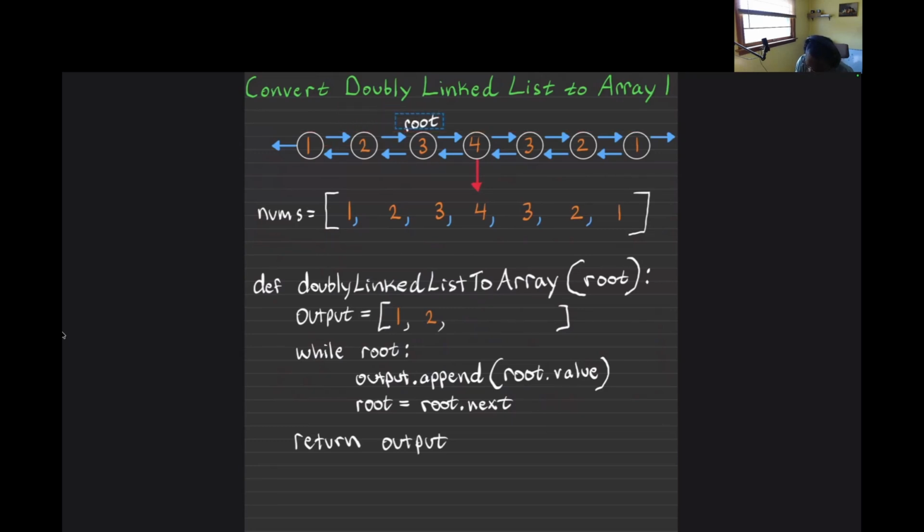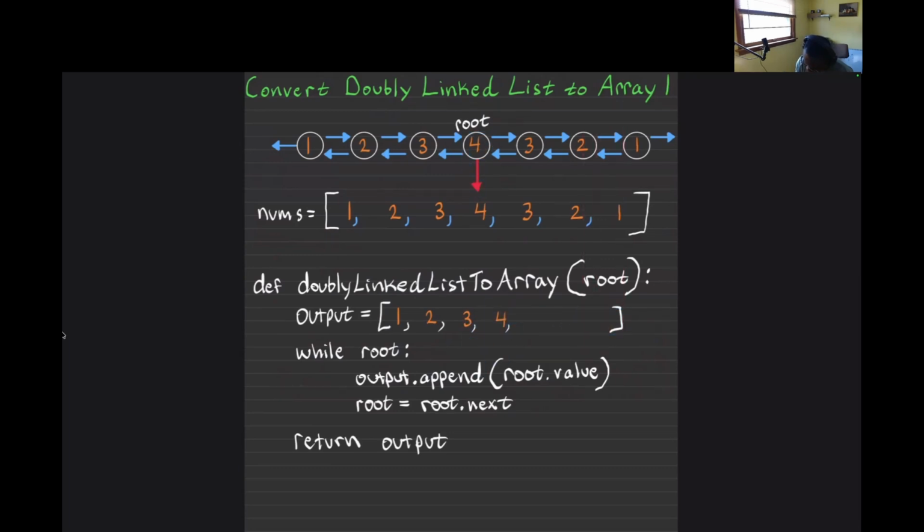So root comes here. We're back in this while loop condition, so we're going to append the value of the root node, and that gives us a 3 there. We update our root to be root.next, so we get here. And while root, that is true, there is a root node there. We're going to append its value. So this comes here. So far, so good.